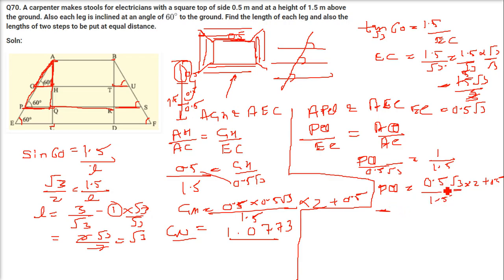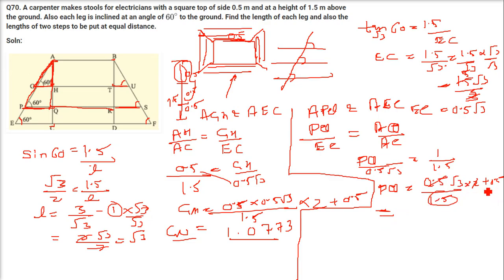So same thing we are going to do. Let me do it again, and I'll tell you each aspect. So 0.5 into 2 will be 1, so I'm just eliminating it. Root 3 is 1.732, divided by 1.5, that will be equal to 1.154.